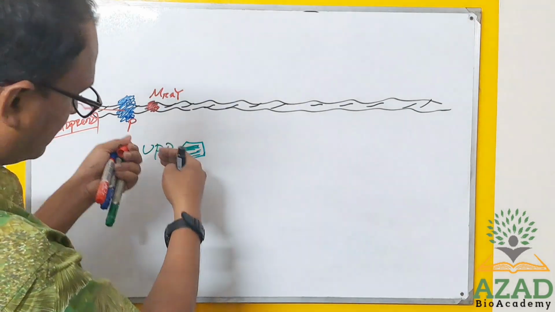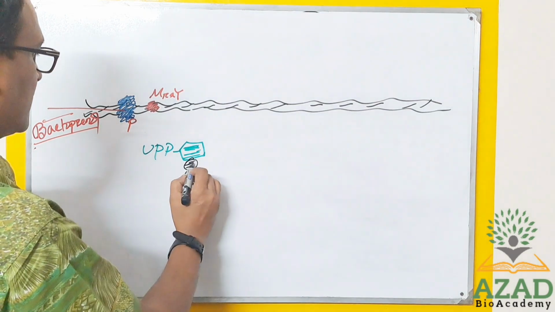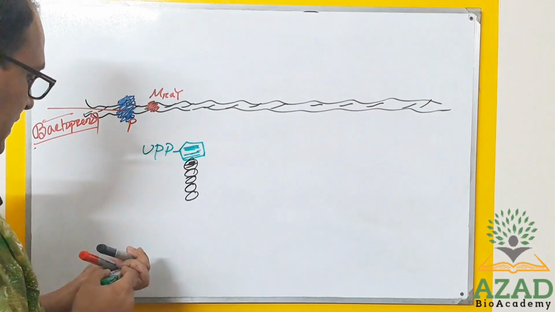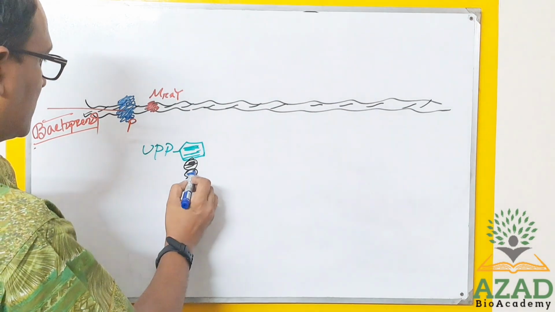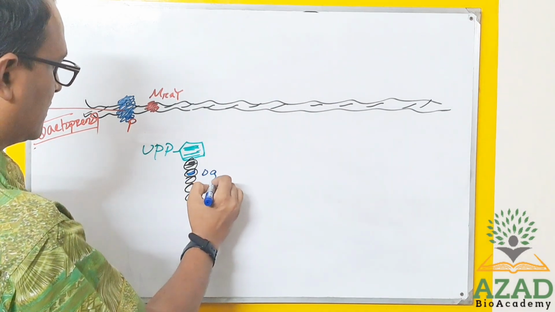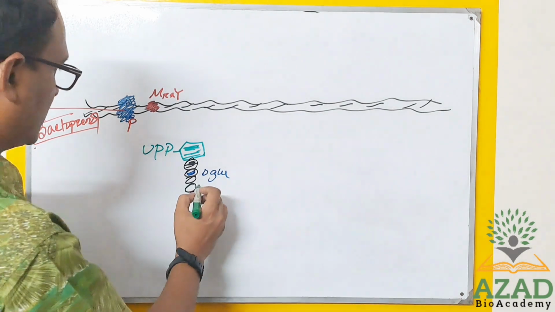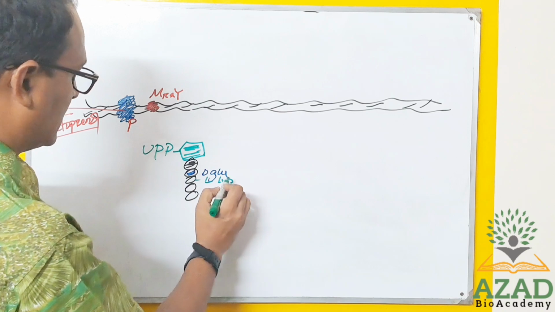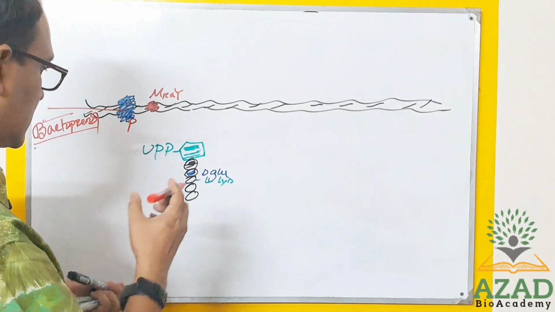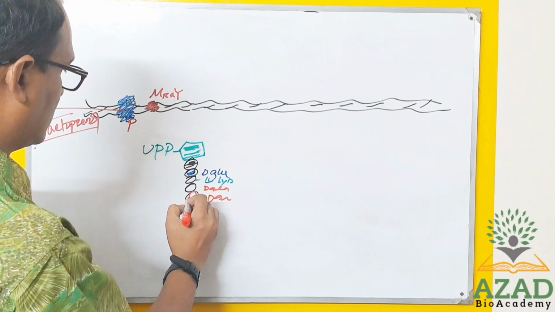Already I mentioned it by different colors: this is L-alanine, this is D-glutamine, this is L-lysine, and this is the dimer of D-alanine and D-alanine.